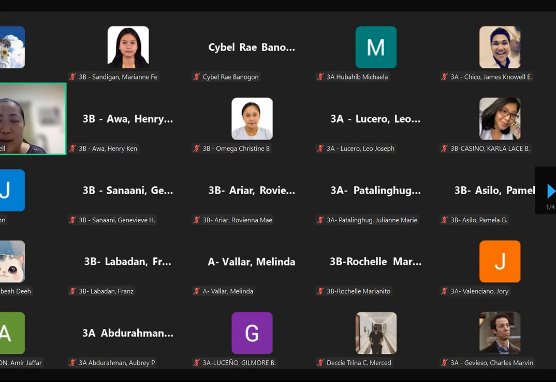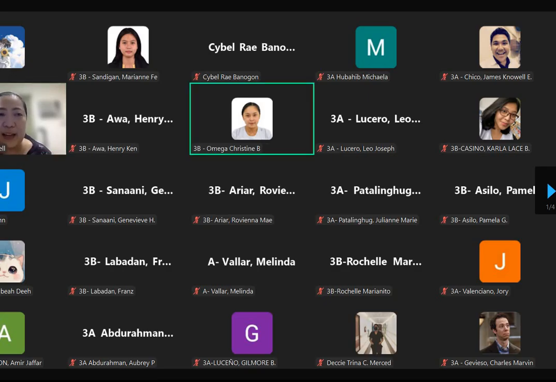But there is a condition called plateau iris, where the iris really is the main reason for the angle closure. Then there will be times when argon laser peripheral iridoplasty is the first choice. So it is first choice only if the condition is plateau iris. But if it's acute angle closure, the first thing to do is the laser iridotomy. Clear, Doc. Thank you, Doc.